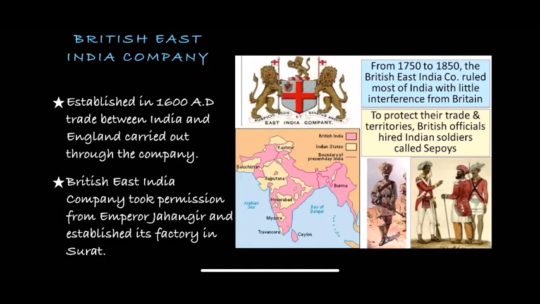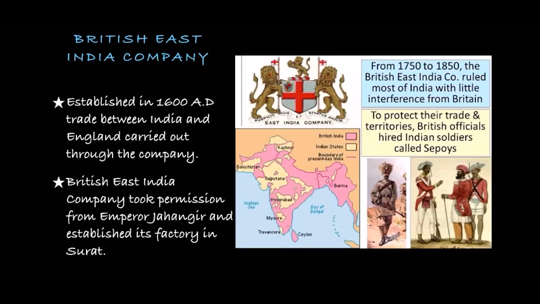British East India Company. British East India Company was established in 1600 AD. And trade between India and England was carried out through this company. British East India Company took permission from Emperor Jahangir and established its first factory in Surat.